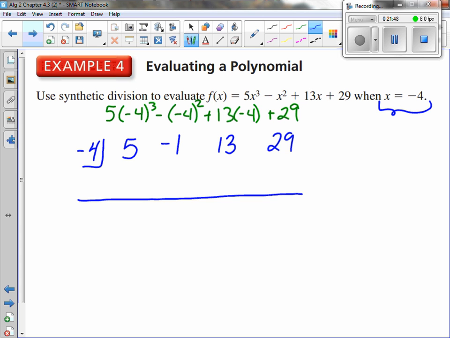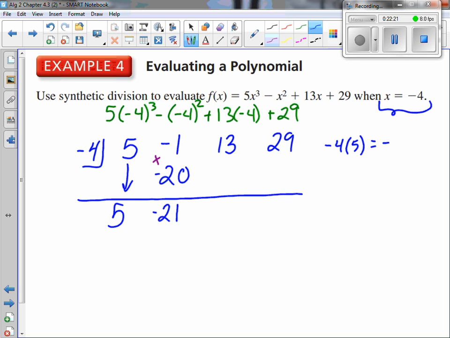What would we do first? I would drop the 5. And then what would we do next? -4 times 5, which would be -20. And then what would we do? We would add -1 plus -20 would be -21, yes? So we did -4 times 5, which gives -20.